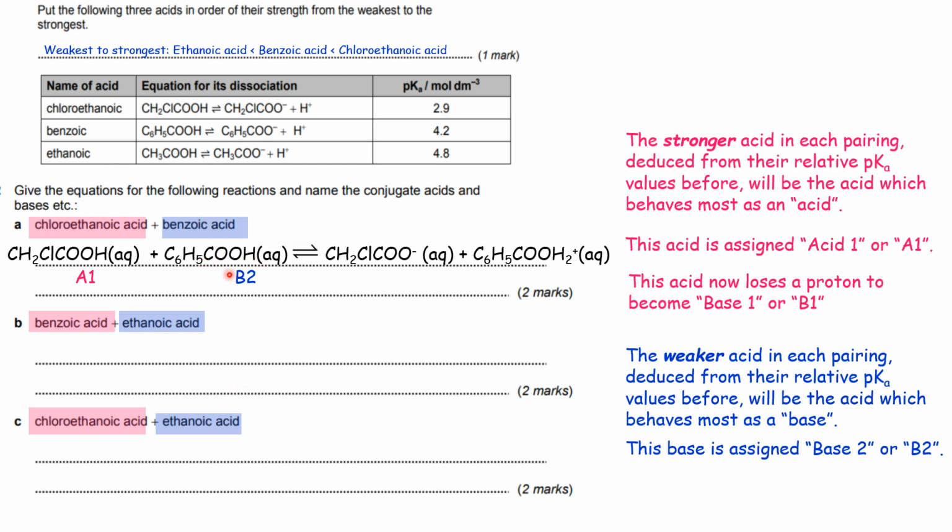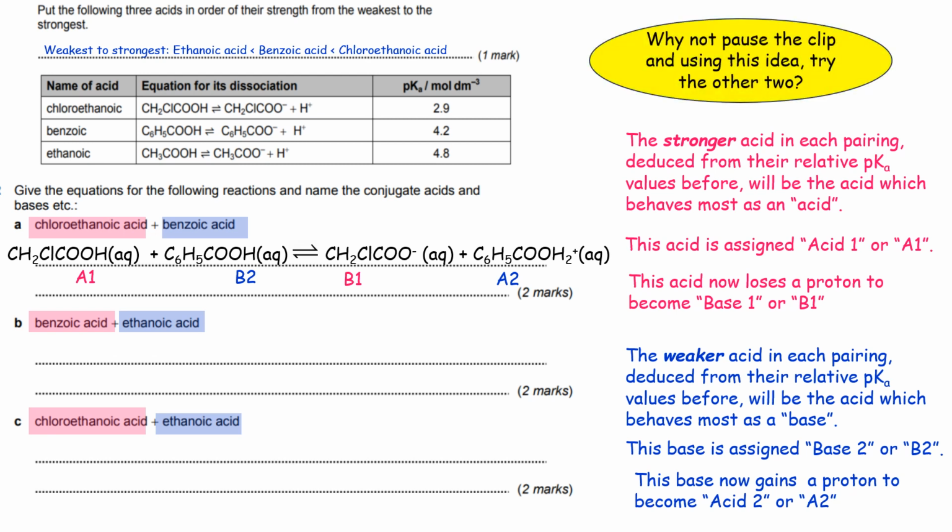This species, by the exchange of a proton, turns into this species. So those two must be an acid-base conjugate pair as well. So we put B1 and A2 accordingly on the right-hand side. So if you're watching this, why not pause it and have a go at the other two using the same idea? And I'll come back to you in a minute.